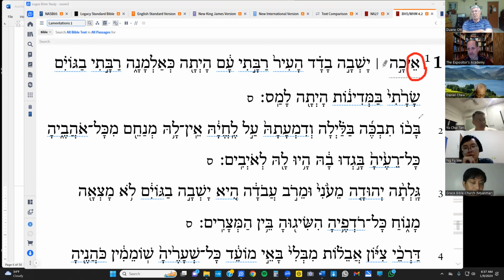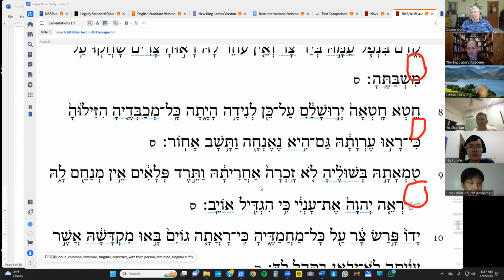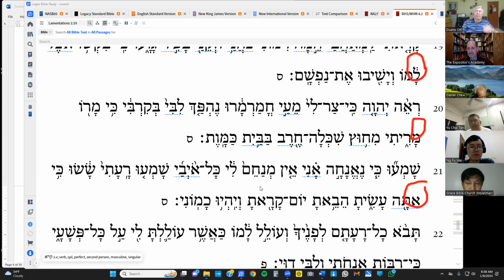So Aleph in verse 1, Beth in verse 2, Gimel in verse 3, Dalet in verse 4, He in verse 5, Waw in verse 6, and so on all the way through to the end of the chapter, 22 verses.